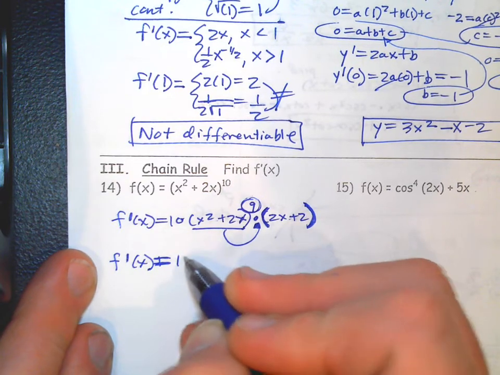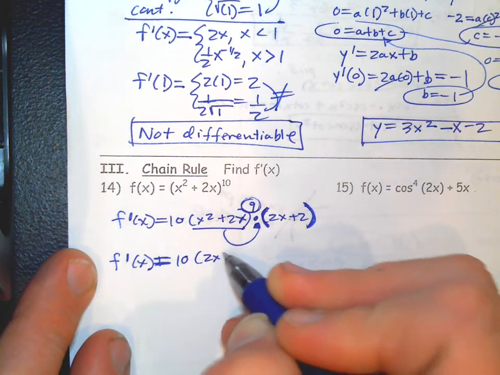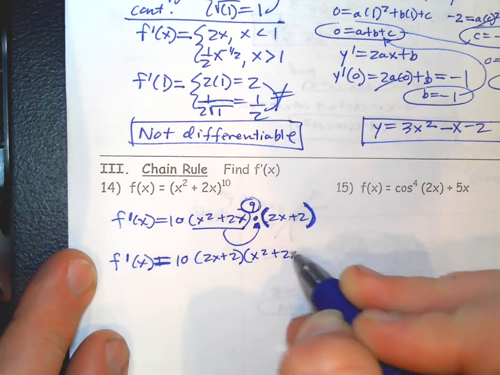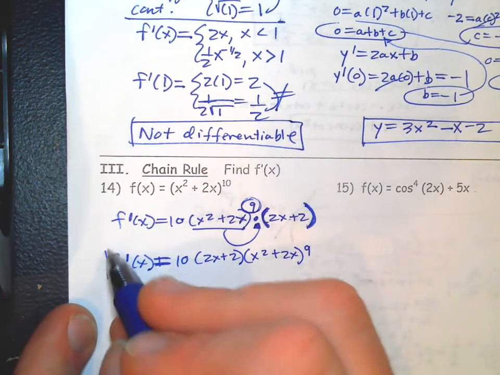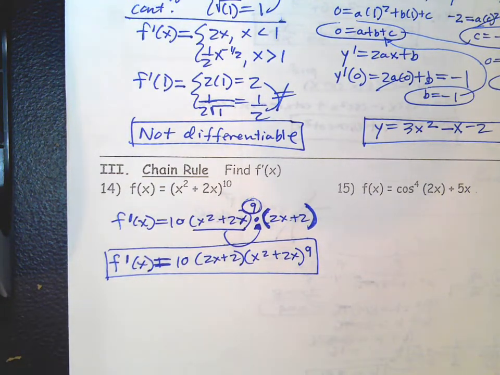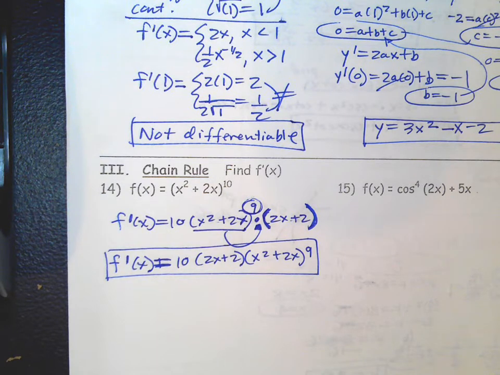Like, I don't know, the 10 for sure in the front, and then maybe the 2x plus 2 because there's a low power, and the x squared plus 2x to the 9th power. So that seems good. I mean, you could do some other stuff, but that seems fair enough.